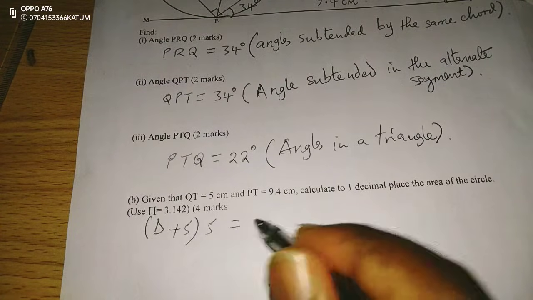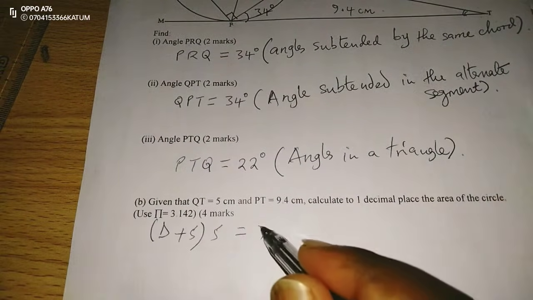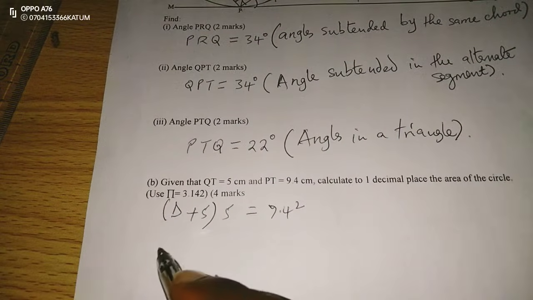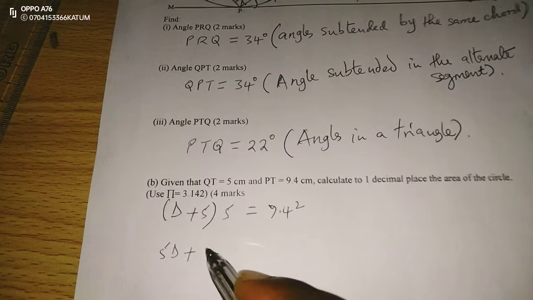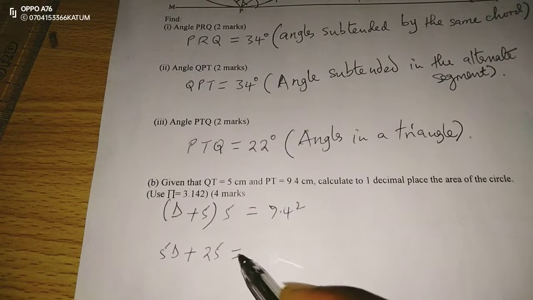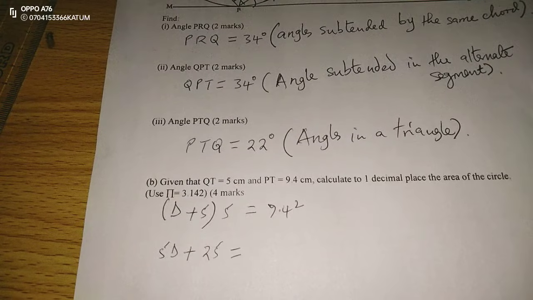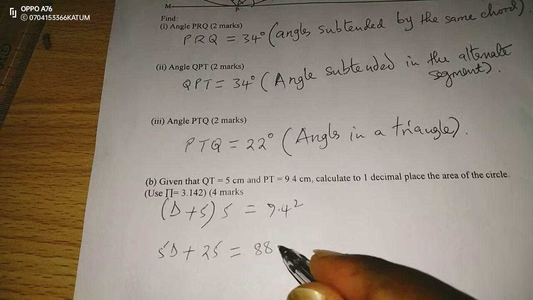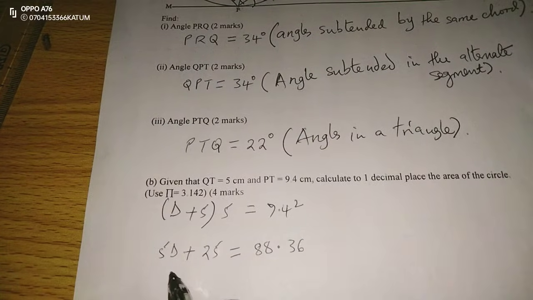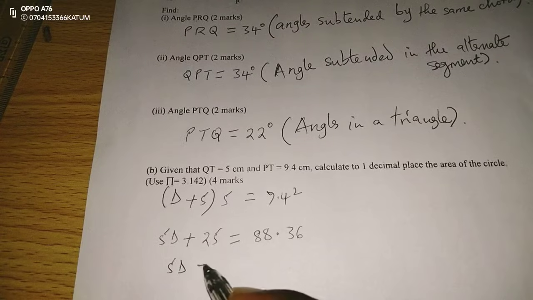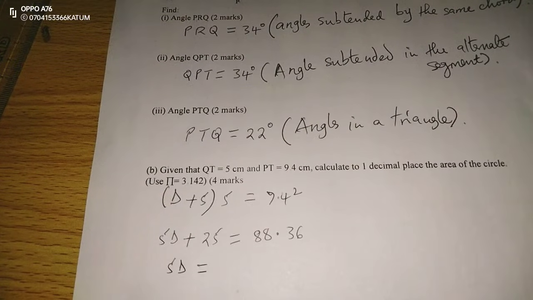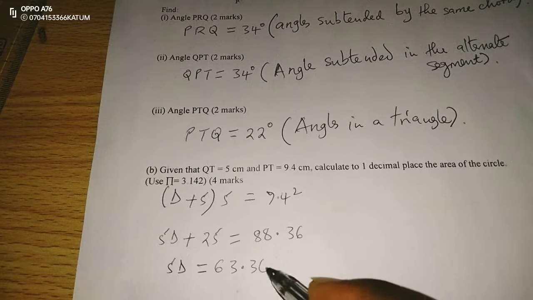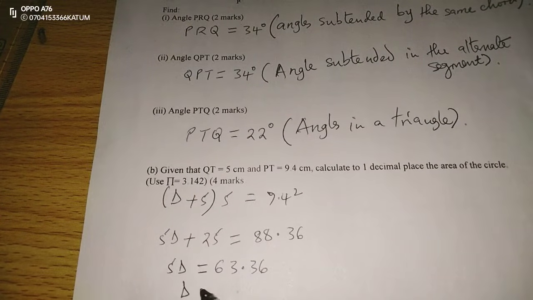We're supposed to get the tangent squared, which is 9.4 squared. So we're going to have 5D plus 25 equals 9.4 squared. This gives us 88.36. So when we remain with 5D at this point, we will subtract 25 from the other side and have 63.36. So that will remain with D.